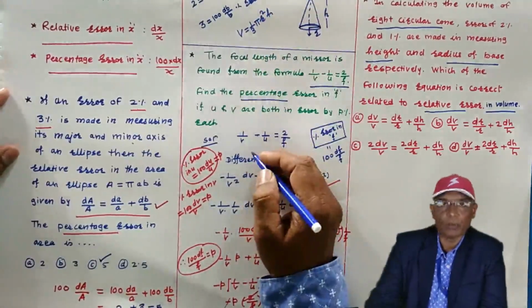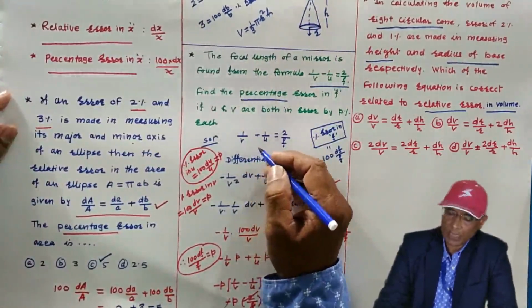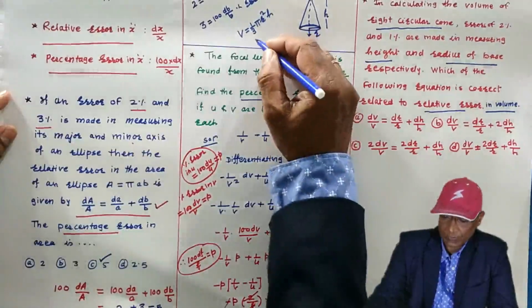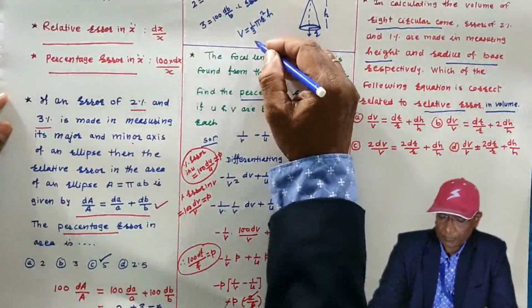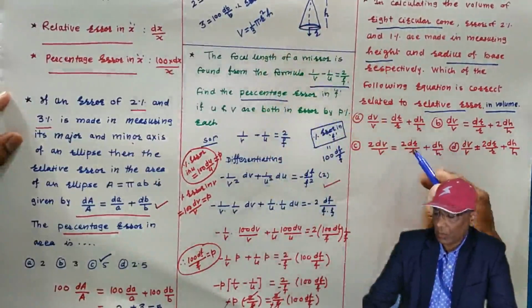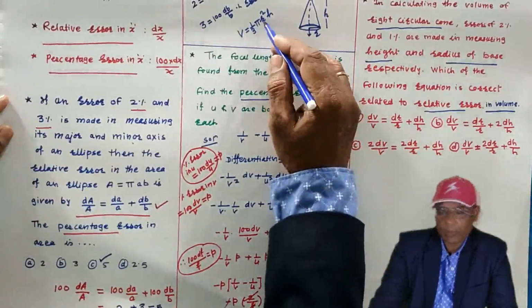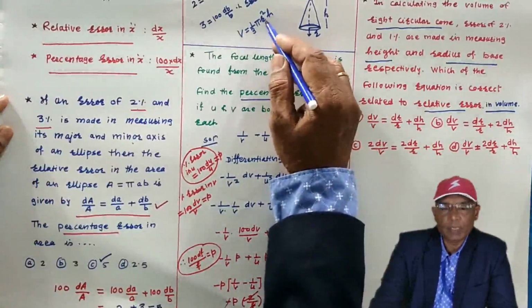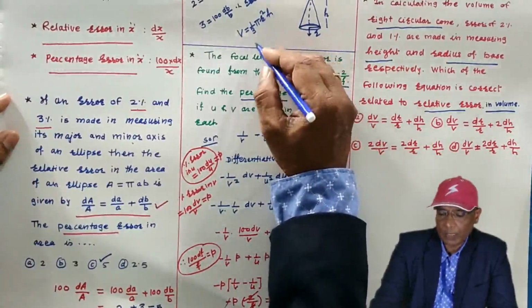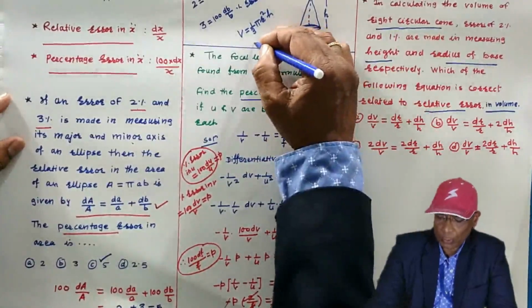V is the volume, r is the radius of the base of the cone, and h is the height of the cone. Now, take the derivative, because one of the equations I have to choose. We have the variables in multiplication. Therefore, it is better to take the log of both the sides.